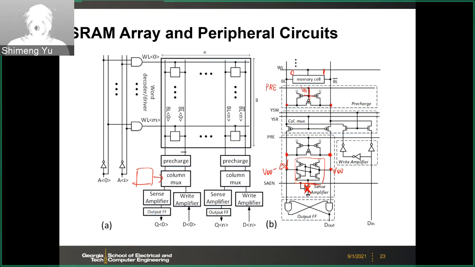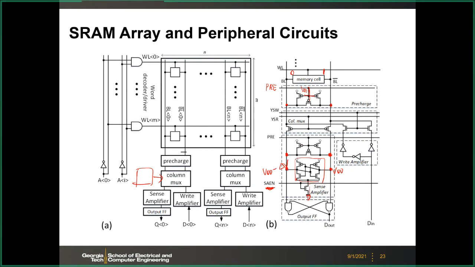So you have a voltage difference between those 2 loads down to here. Once you create this voltage difference, or let's say the sense margin, delta V, then you will enable the sense amp by this sense amp enable signal. That means you will have a path to the ground. So then this latch will be functional.